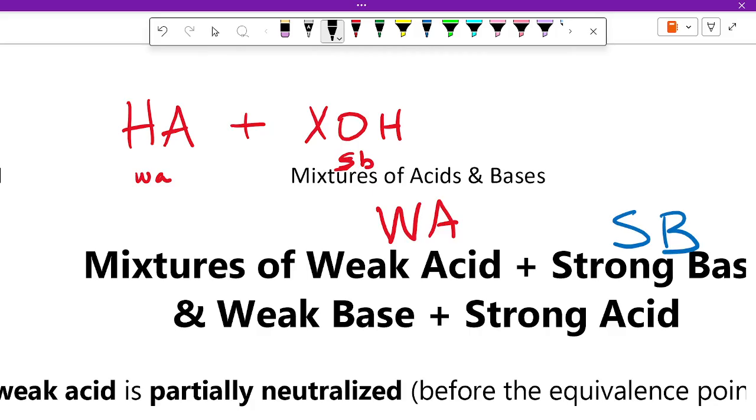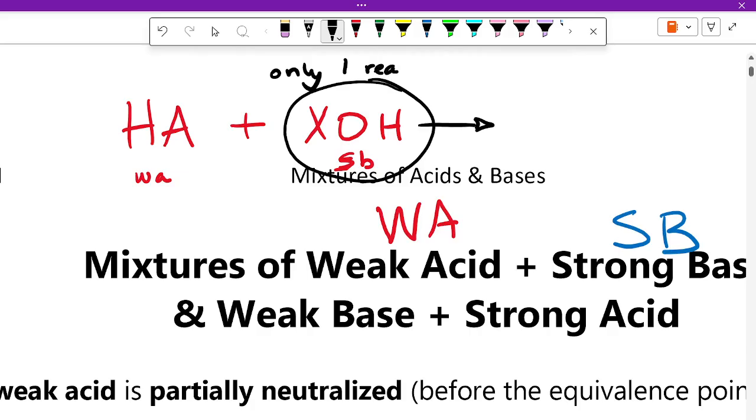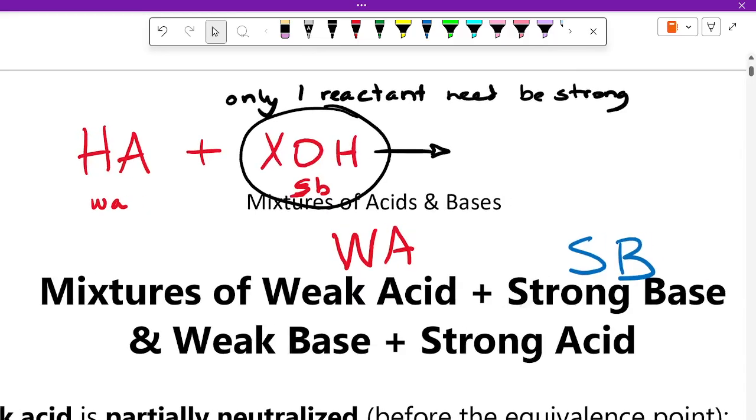One way. Why not equilibrium? Because you've got a strong base. Only one of those reactants needs to be strong to push it all the way to completion. Okay?